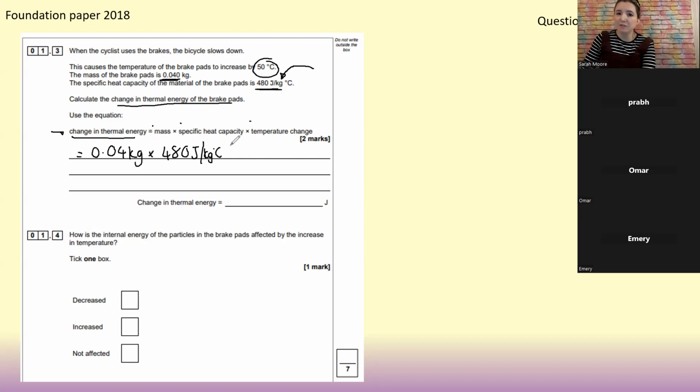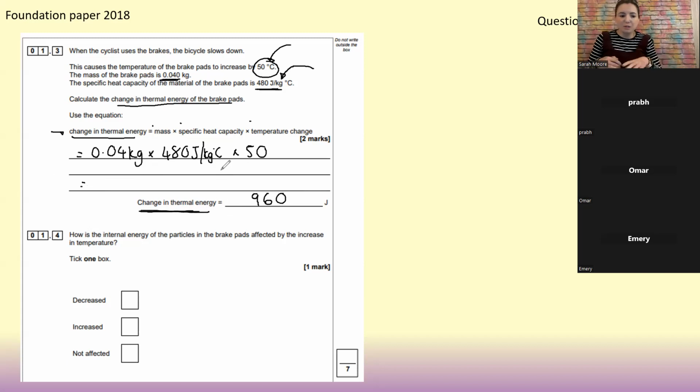And finally, the temperature change: the brake pads increased by 50 degrees Celsius. Once we write that out, there's nothing to change, there are no units to convert, there is nothing to square, so we can put that into our calculator, and it gives us an answer of 960 joules. So that's the change in thermal energy.